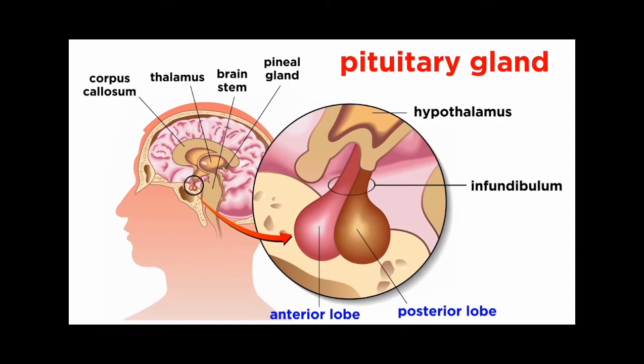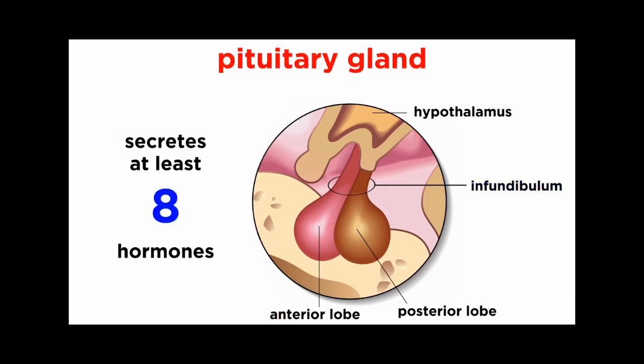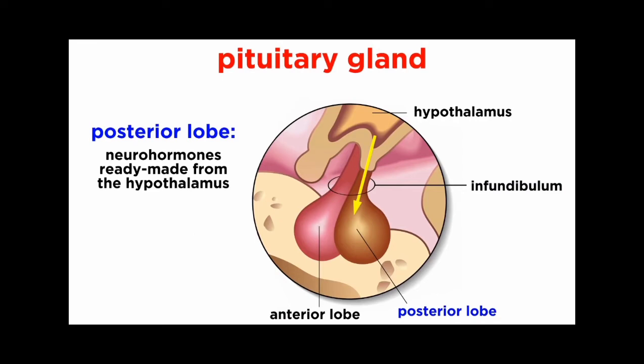This is a small sac comprised of a posterior lobe and an anterior lobe, which hangs from the hypothalamus via the infundibulum. This gland secretes at least 8 hormones. In the posterior lobe, these are neurohormones that arrive ready-made from the hypothalamus, while the anterior lobe secretes its own hormones.